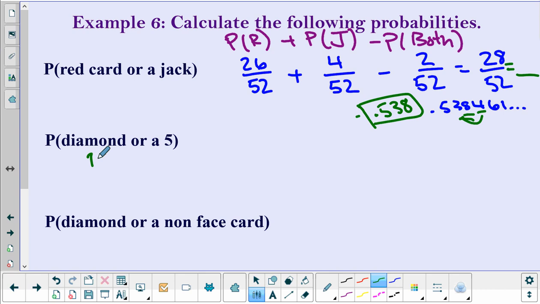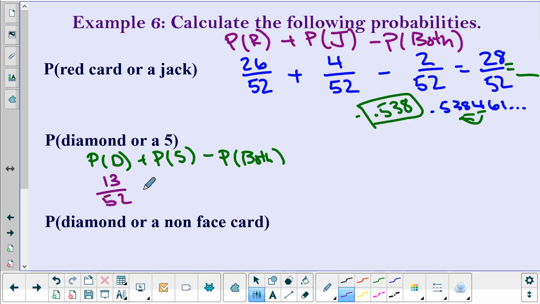So probability of diamond plus the probability of a 5 minus the probability of both. In this case, diamonds, there are 13 of each suit, so 13 out of 52 for diamonds. Fives, there are 4 of each card, so 4 out of 52 for the fives. Now the both.